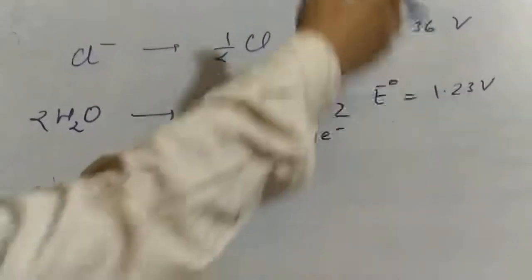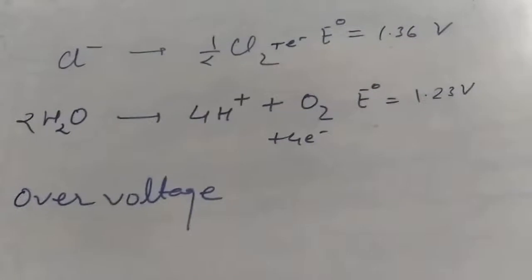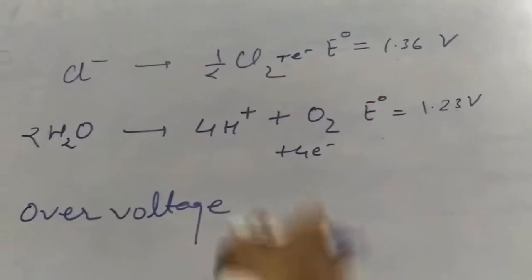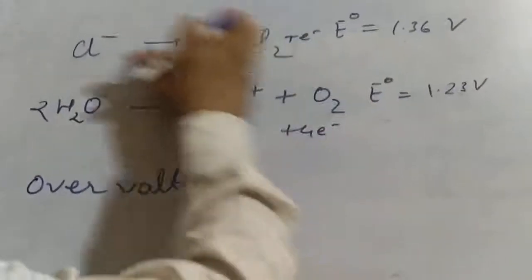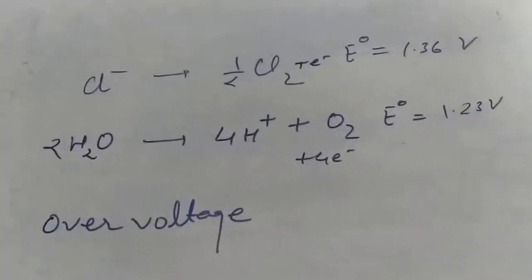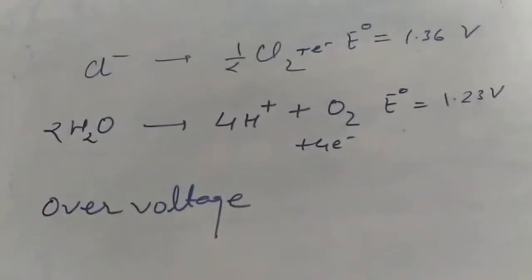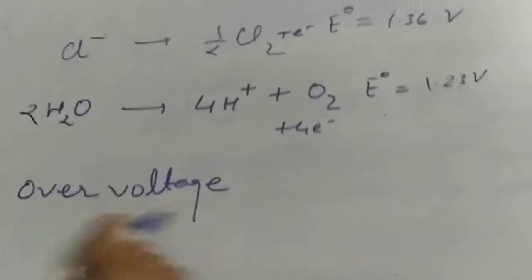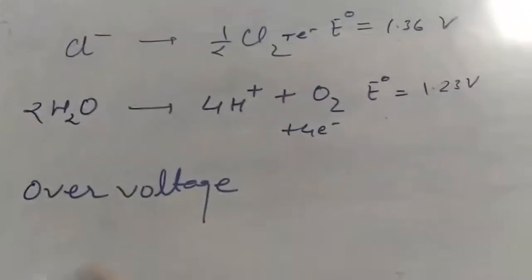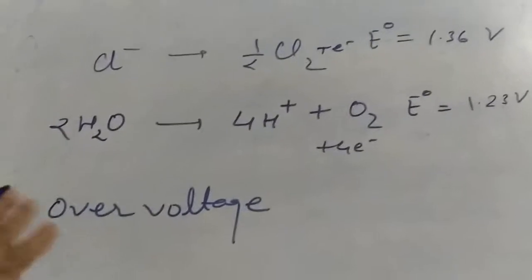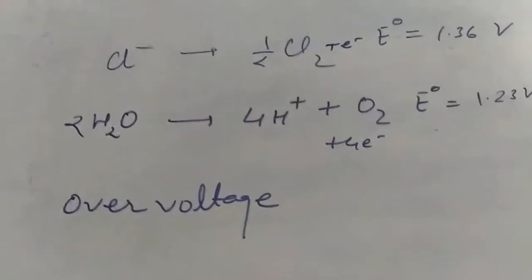Again, let me make it clear. According to these given potentials, which are actually reduction potentials, if we change the sign, we will have an oxidation potential. And no doubt the oxidation potential of water is more than the oxidation potential of Cl minus. So water should be preferably oxidized. But due to the phenomenon of overvoltage. Now what is overvoltage? The transfer of electrons from water molecules to a particular electrode is a kinetically very slow process.